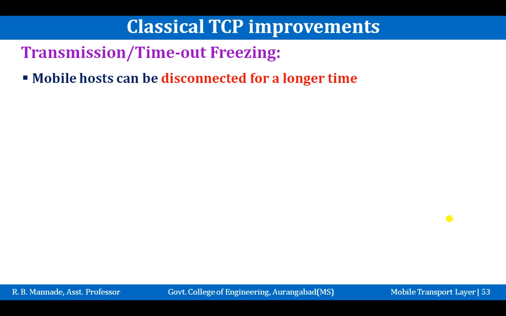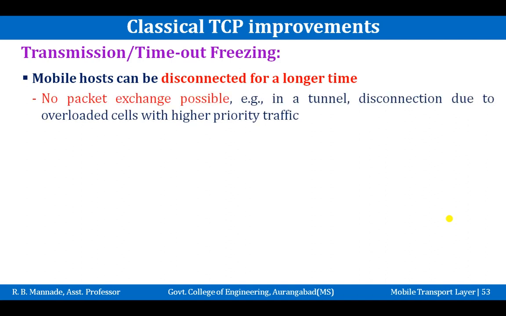Whenever a mobile host is disconnected, this disconnection can be for a long time. For example, suppose somebody is driving a car with a mobile device, and the car is going through a tunnel, right?